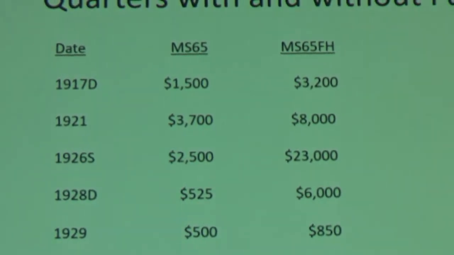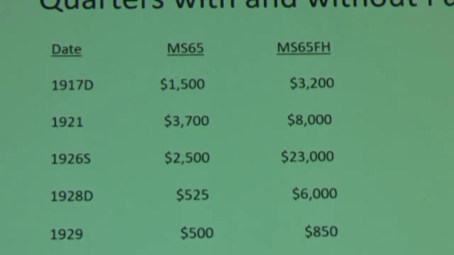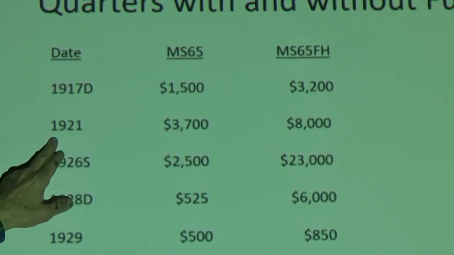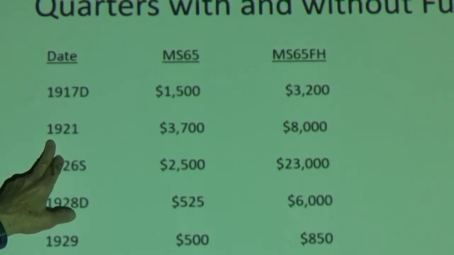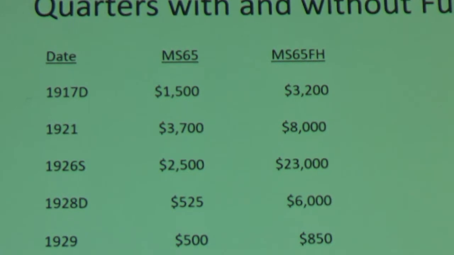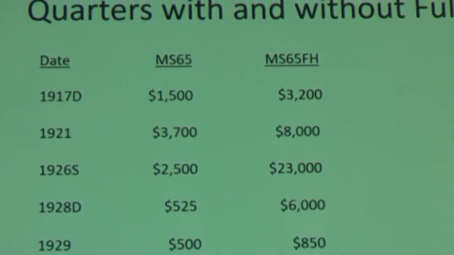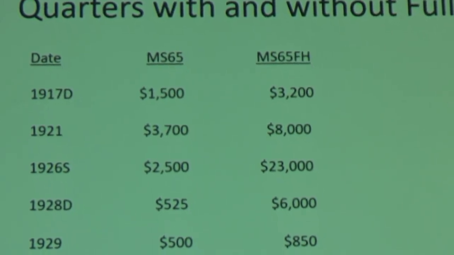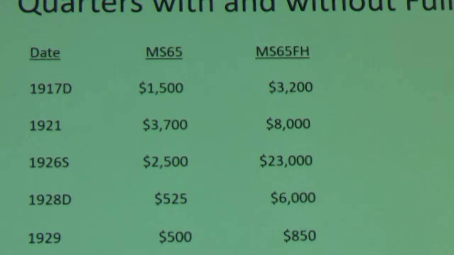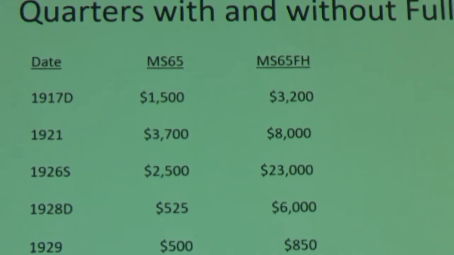But again, looking at the price, the coin will jump from 500 to 850, or in the case of 1921, which is a much rarer coin anyway. And, excuse me, not buffalo, but Liberty quarters have a history of having not a full strike. So if you find one that has a full strike and a full head, it's going to be worth quite a bit of money.